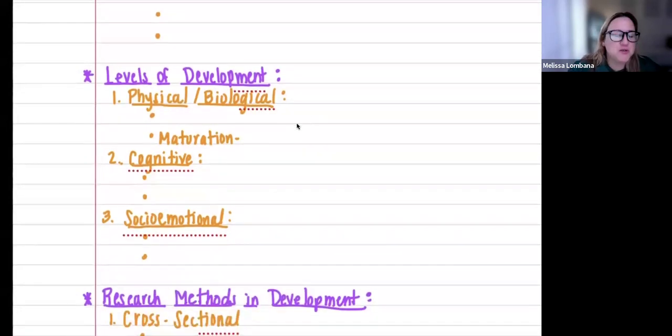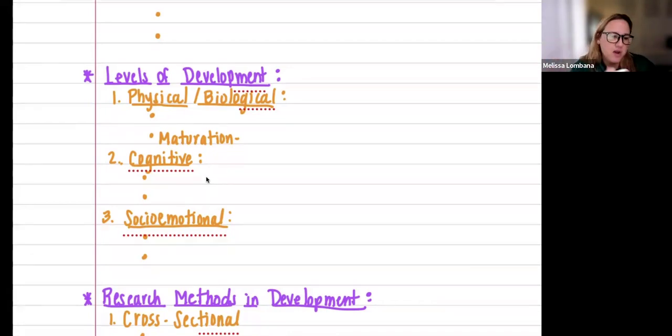So next one is going to be cognitive. And then this is what they look at, the cognitive process. And so cognitive process is basically the changes that happen in people's thoughts, intelligence, and language. Okay, they also look at memory and like problem solving. So everything we kind of learned in the cognition unit, it's kind of the same thing here, but it's how does it progress as we age, right?